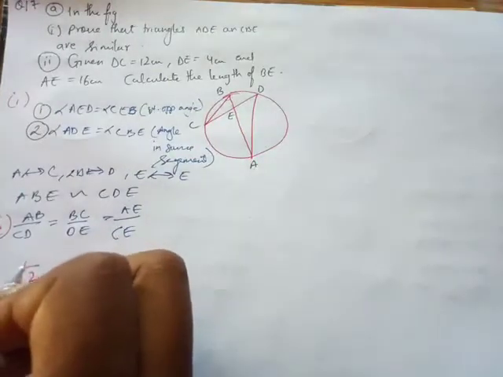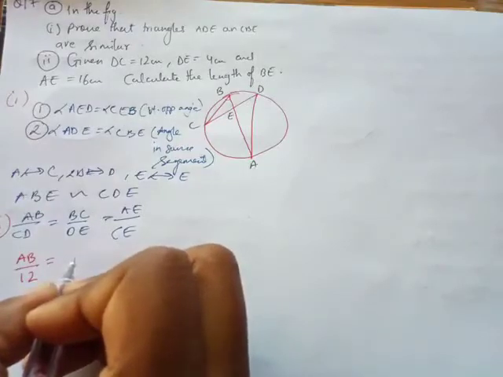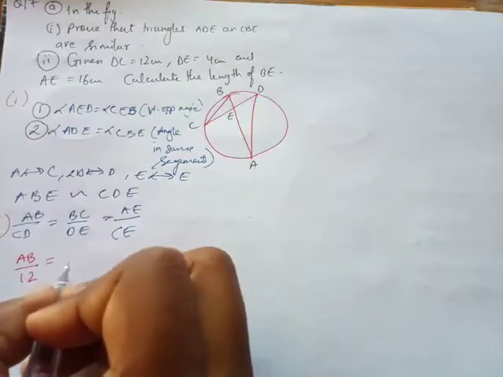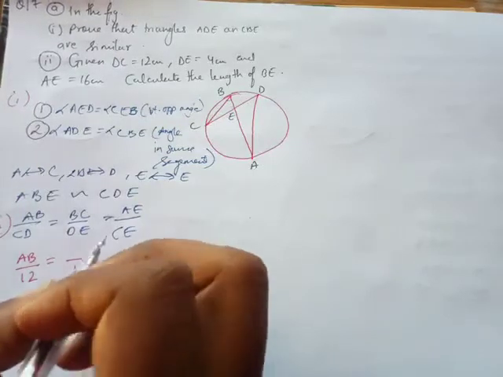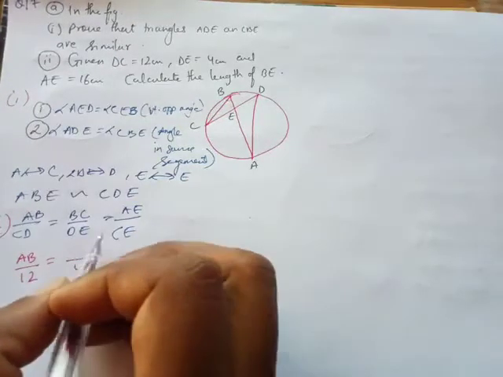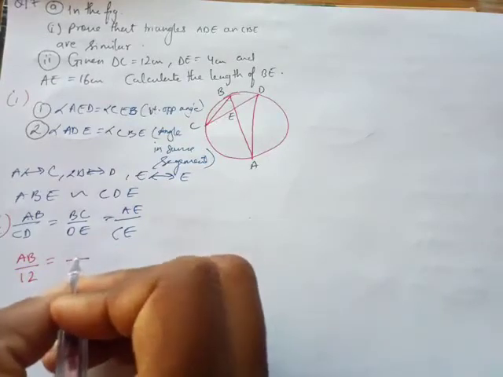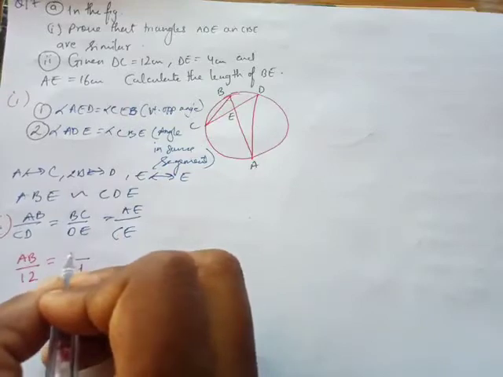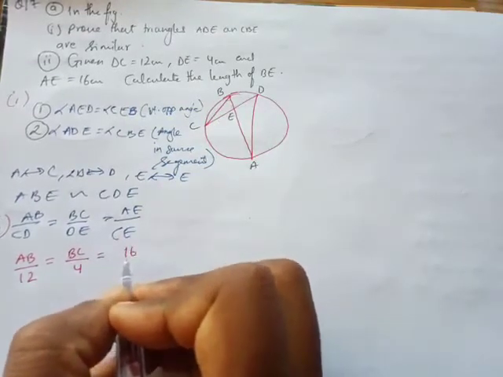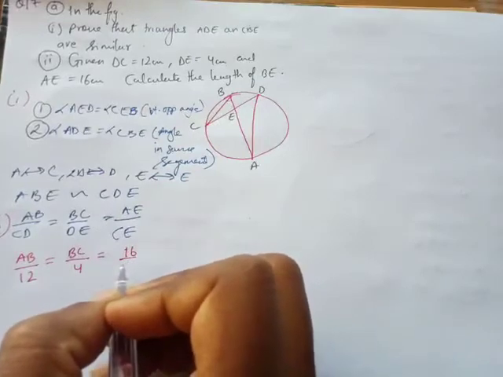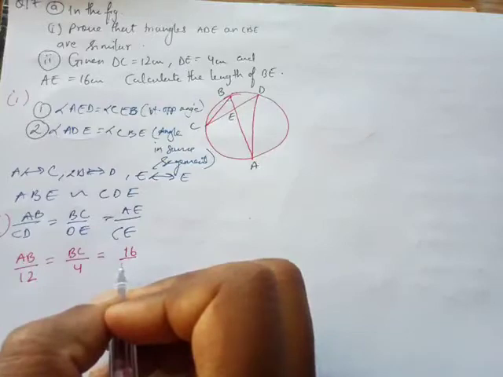AB is given, no, AB is not given, so I'll write just AB equals to DE they have given me, that is 4, and also what else they have given? So BC they haven't given me, equals to AE they have given 16, and CE is not given.